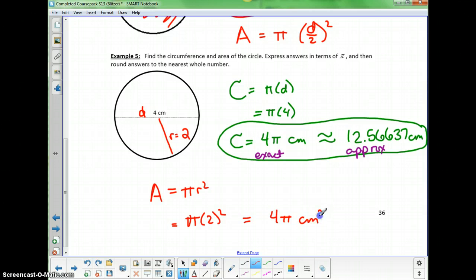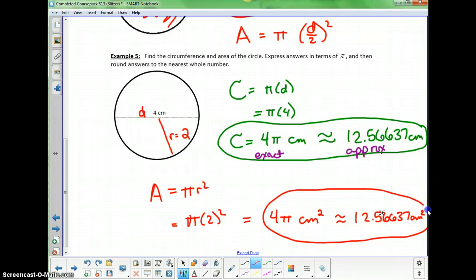However, it's centimeters squared because it's area. And it's approximately equal to that same 12.56637 centimeters squared. They will not usually be the same. They just happen to be the same because 2 times 2 and 2 squared are the same number.